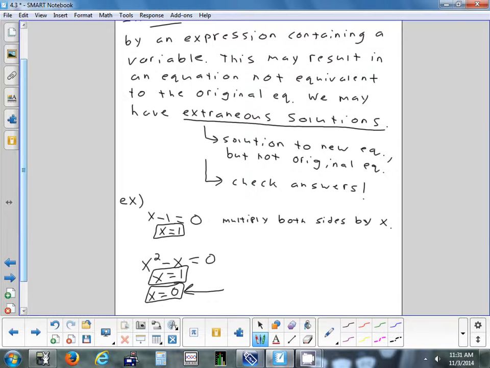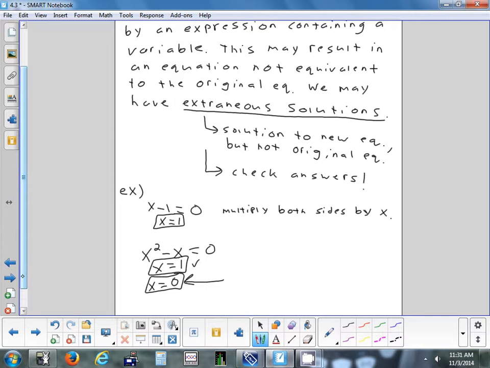In this case, the only one that works is when x equals 1. Okay, any question on that? And that'll only happen if you multiply by a variable. If you don't multiply by a variable, that won't happen.